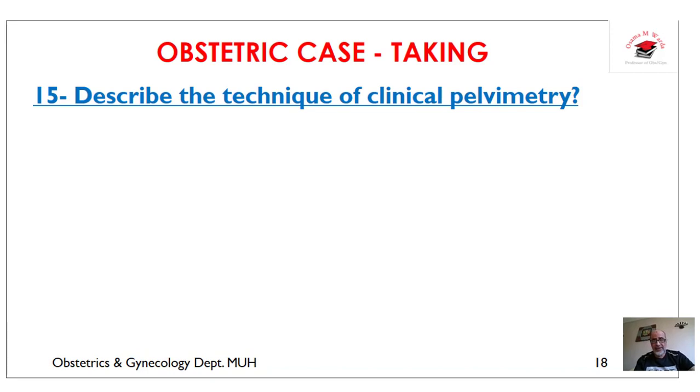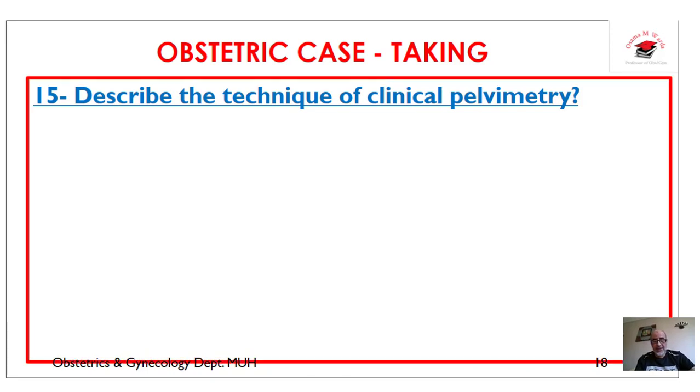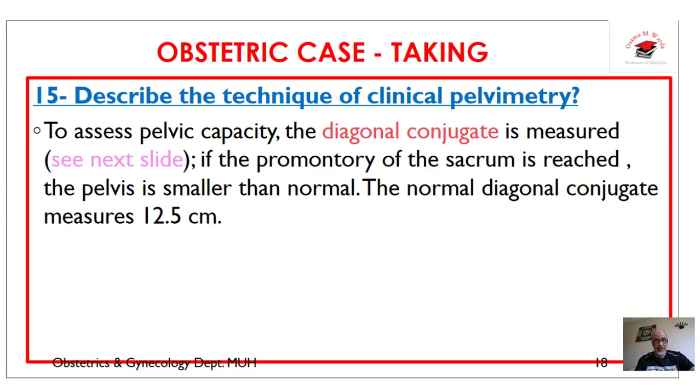Describe the technique of clinical pelvimetry. Clinical pelvimetry is to assess the pelvic capacity. The diagonal conjugate is measured by vaginal examination, with the middle and index fingers inserted into the vagina, directing toward the sacral promontory.